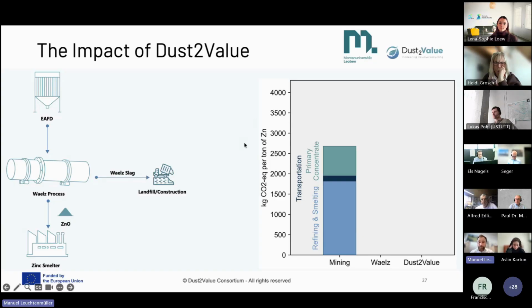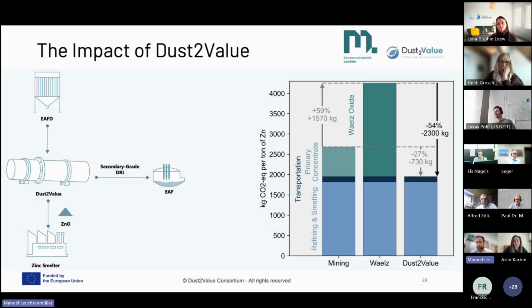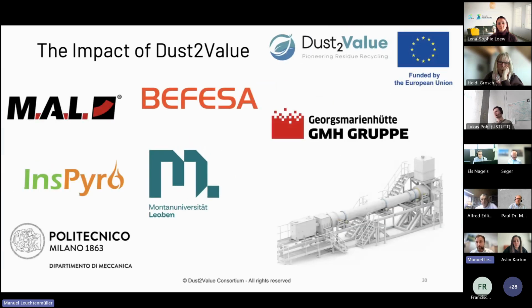When using pure Waelz oxide, so the secondary material, as a feed, these specific emissions, if you calculate them in terms of produced metal zinc, increase because of the large carbon footprint of the Waelz process. With the Dust2Value technology, as already mentioned, we have no direct greenhouse gas emissions, so we may lower the greenhouse gas emissions from this resource recovery.